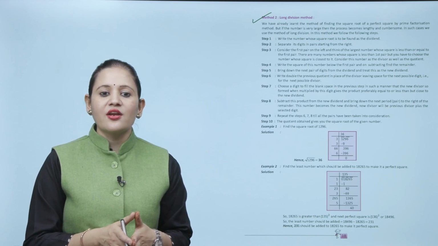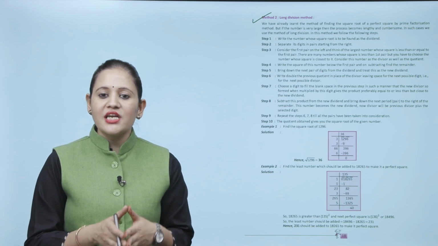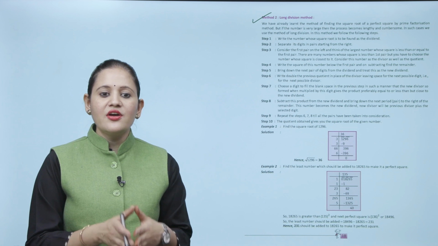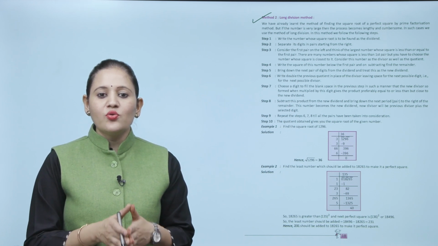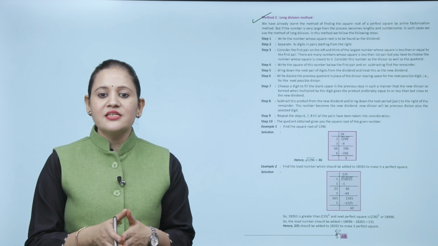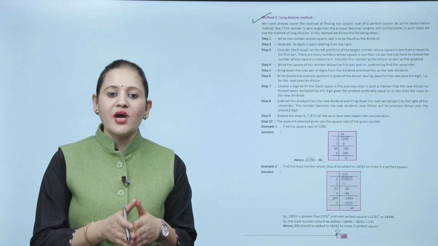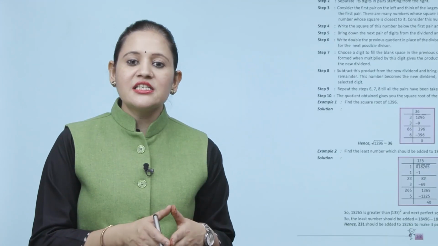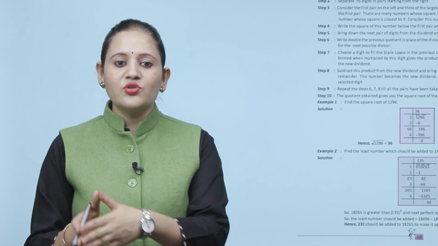Consider the first pair on the left and think of the largest number whose square is less than or equal to the first pair. There are many numbers whose square is less than the first pair, but you have to choose the number whose square is closest to it. Consider the number as the divisor and as the quotient.